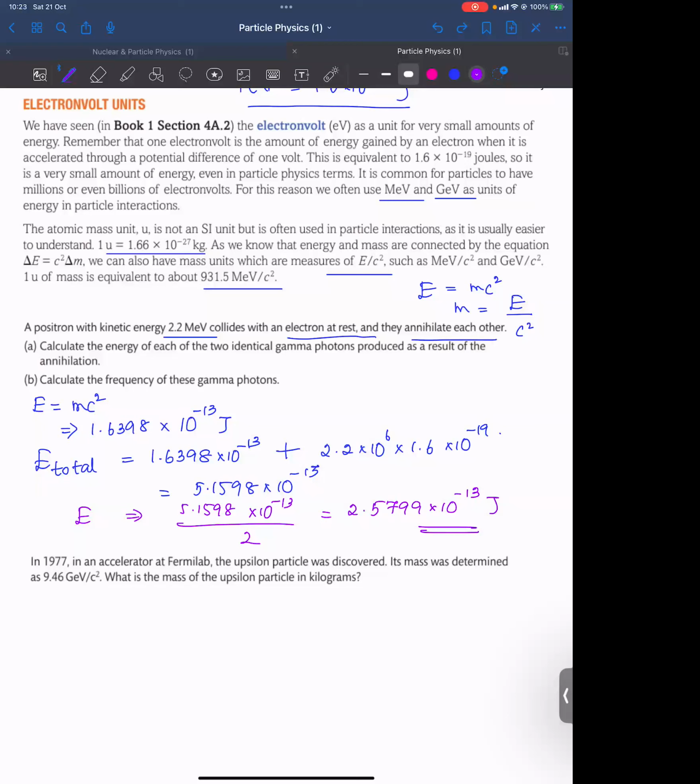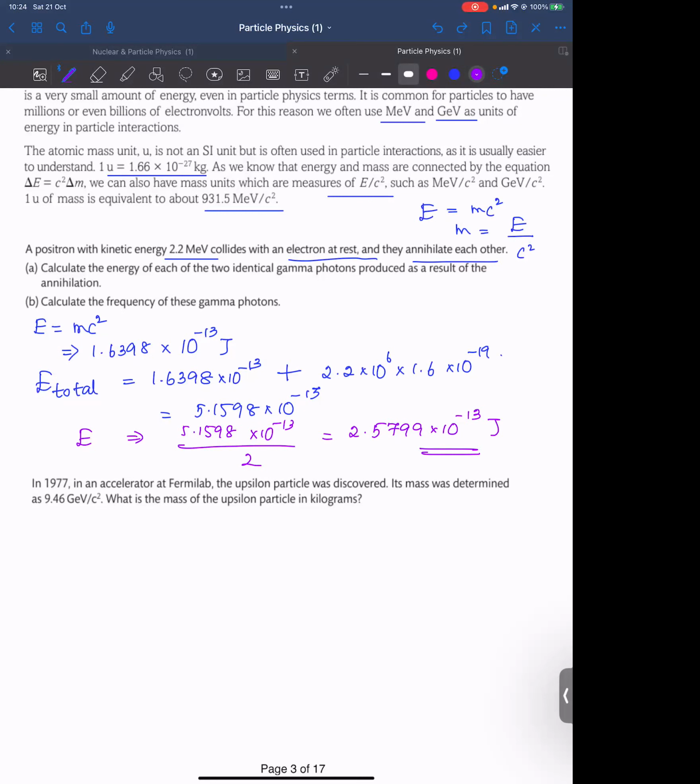So then E minus the kinetic energy of the positron into 2 equals c square into the mass, which is 1.678 to the power minus 27. So are you getting the answer? I'll check it. Wait. Right, guys, read the next one.